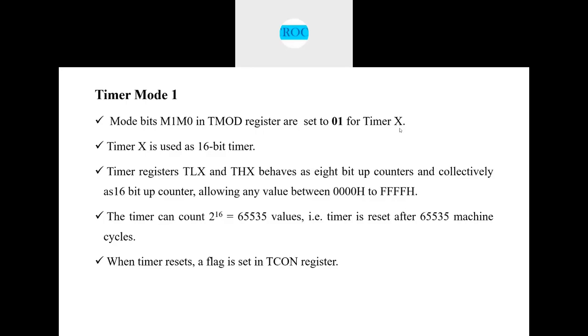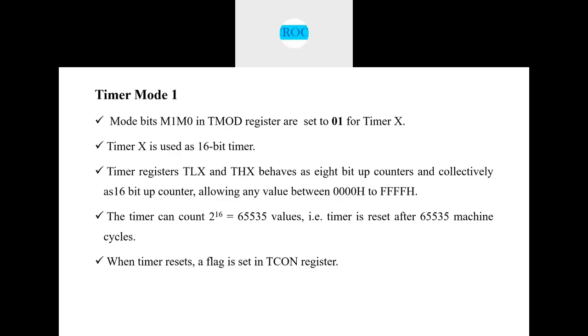Take an example, if it is timer 0, the lower bits, bit 0 and bit 1, the bit 1 should be 0 and the bit 0 should be 1 for timer 0 to operate in mode 1.